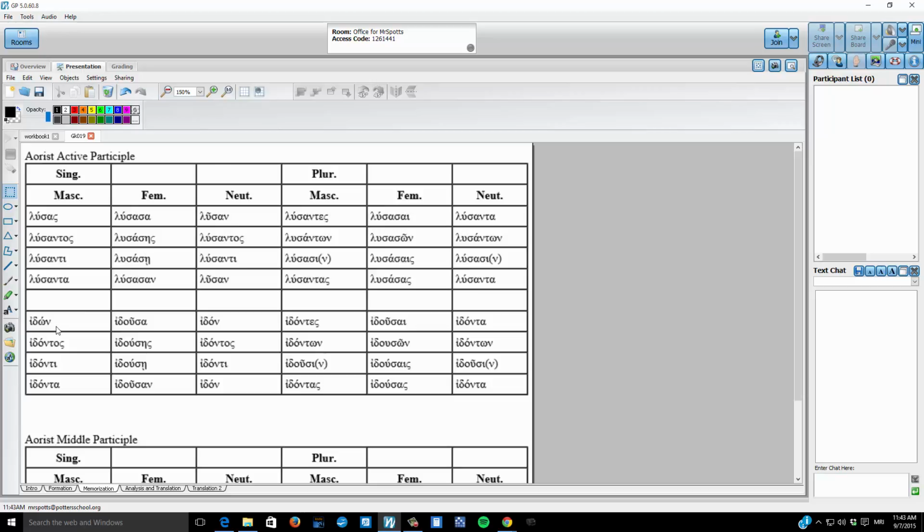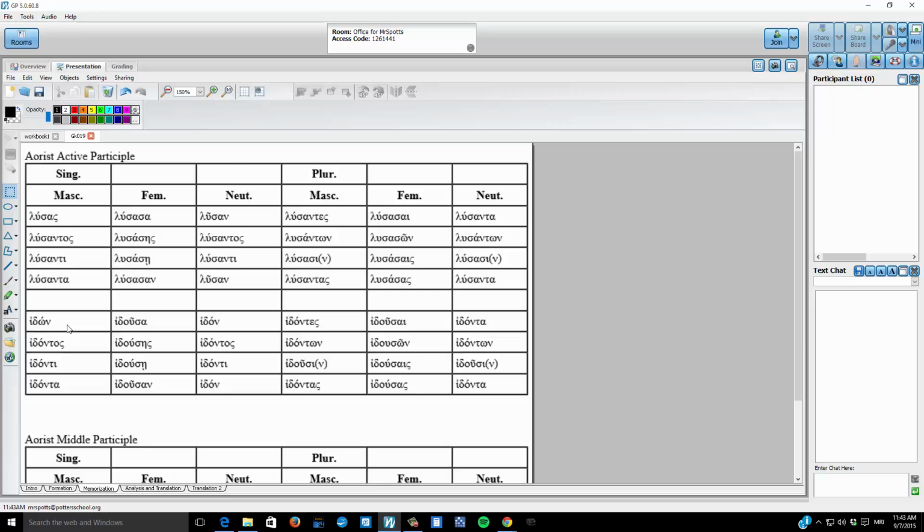And then notice the second aorist, such as idon, idousa, idon. See the altered stem, no sigma alpha here, but the verb oida changes to give you idon. Actually, I guess many people would say the verb blepo changes to give you idon.